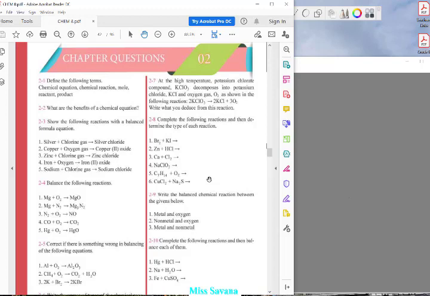So the answer for question 2.7 is that when it breaks, it forms 2 KCl, which is a potassium chloride molecule, which is a salt molecule. It's not really an oxide, or a hydroxide or base.